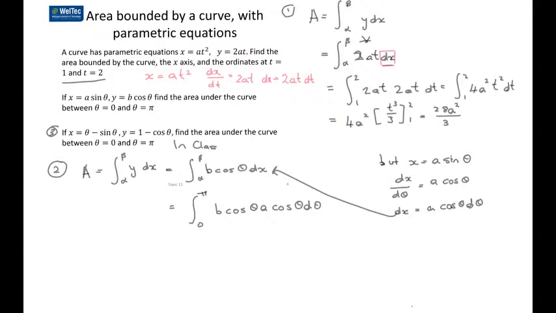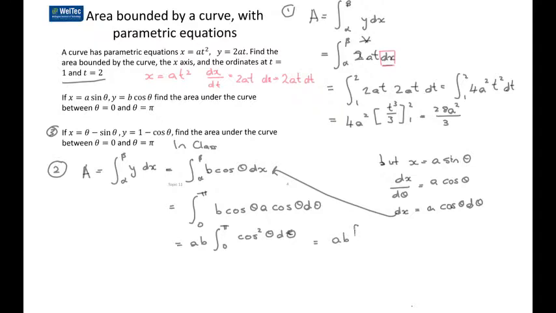Now a and b are constant, so we can take them out and do the integration between 0 and pi of cos theta times cos theta, which is cos squared theta. And we've done that before, so I won't do it here.